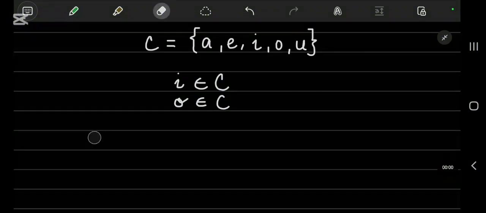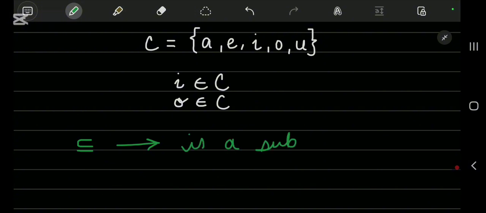The next symbol is a C-shaped symbol with a line underneath, that represents "is a subset of."